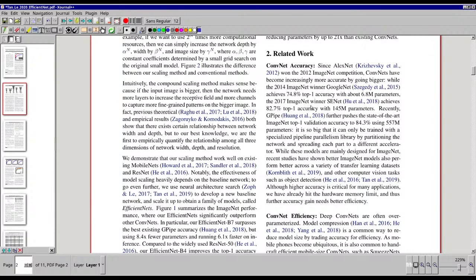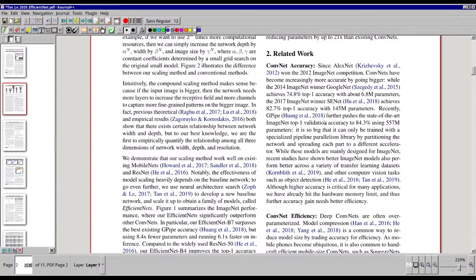The 2017 SENet achieves 82.7% top-1 accuracy with 145 million parameters.